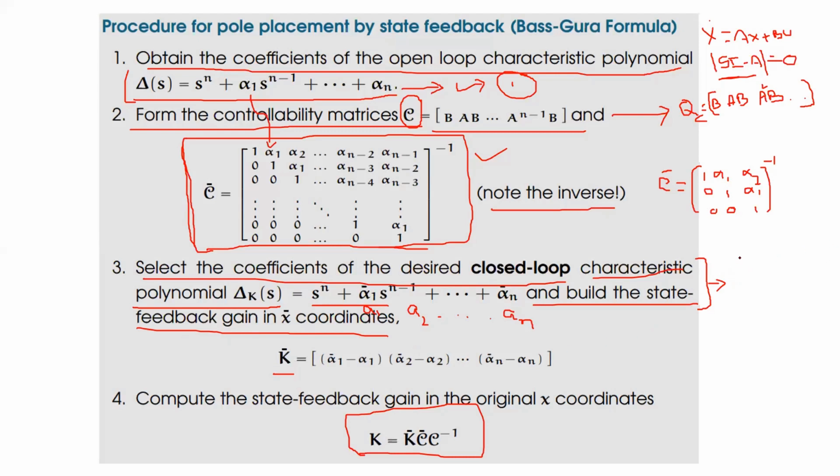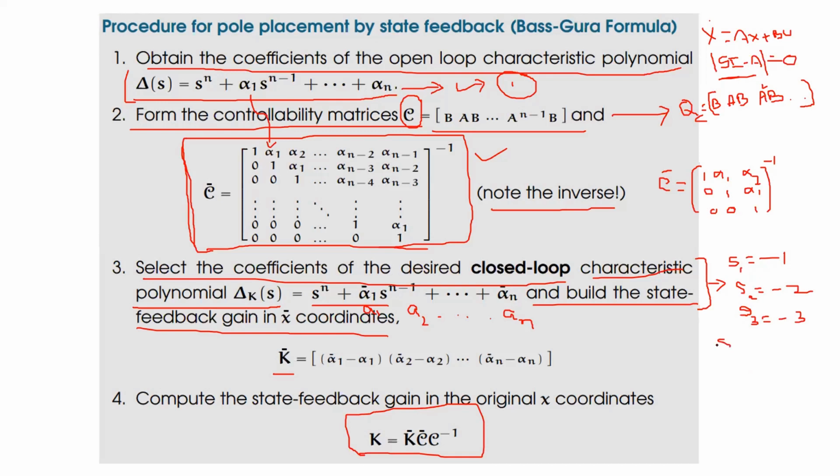So suppose they give 3 poles. Let the 3 pole values be s1 equal to minus 1, let us assume. s2 is equal to minus 2, let us assume. And one more pole he has given, s3 is equal to minus 3. Now, what is the polynomial over here?